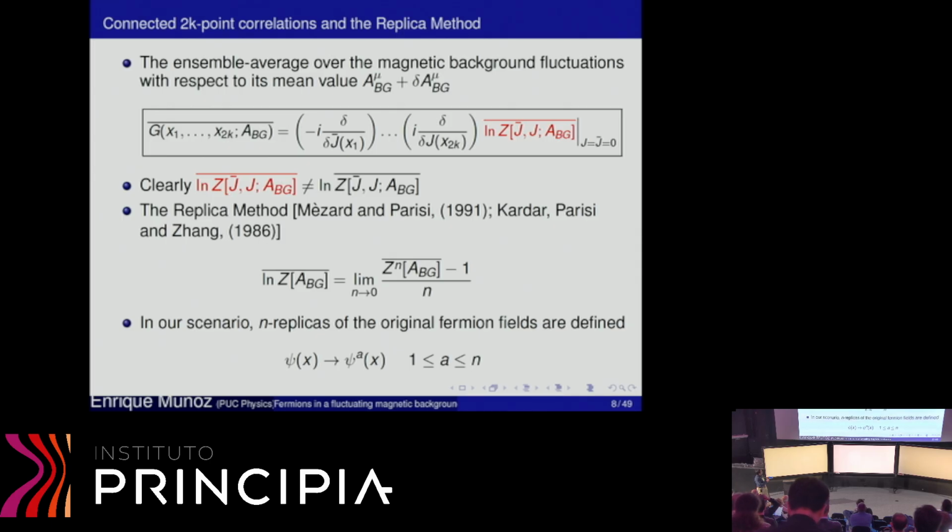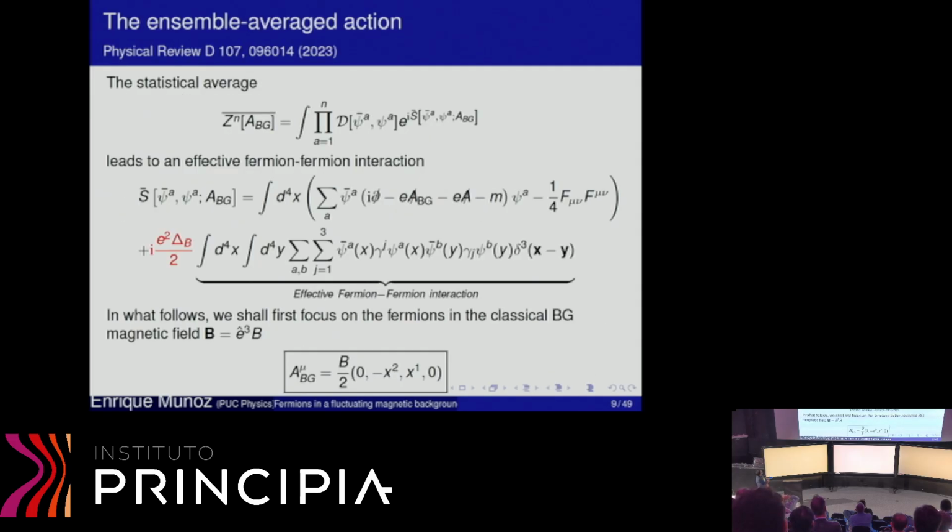If you take Z to the n minus 1 over n, and you take the limit when n goes to 0, then this is simply, by the Taylor expansion, the log of Z. So basically, in order to perform the statistical average of the log of Z, by using this identity, we expand the phase space into n replicas of the original quantum field theory in order to generate this Z to the n. If we generate these n replicas, then each fermion field will acquire an additional index, which is the replica index, and then we have this extended quantum field theory for the n replicas.